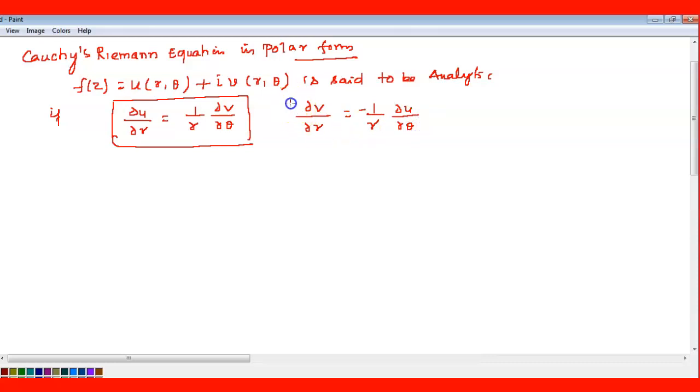If this condition holds, then it is said to be analytic in polar form. This is the statement.